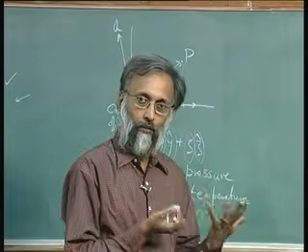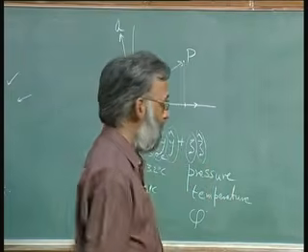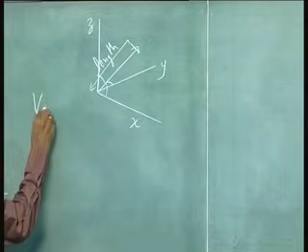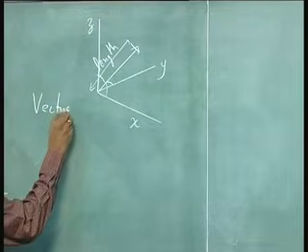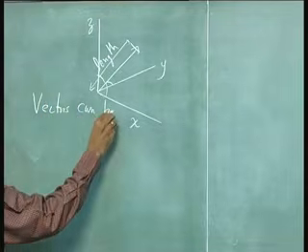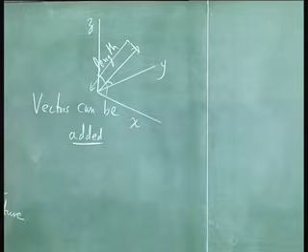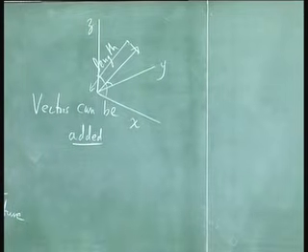But if that is all we can do with vectors, they are not of any use. Most vectors have certain operations you can do with them. For example, vectors can be added. How do you add a vector?